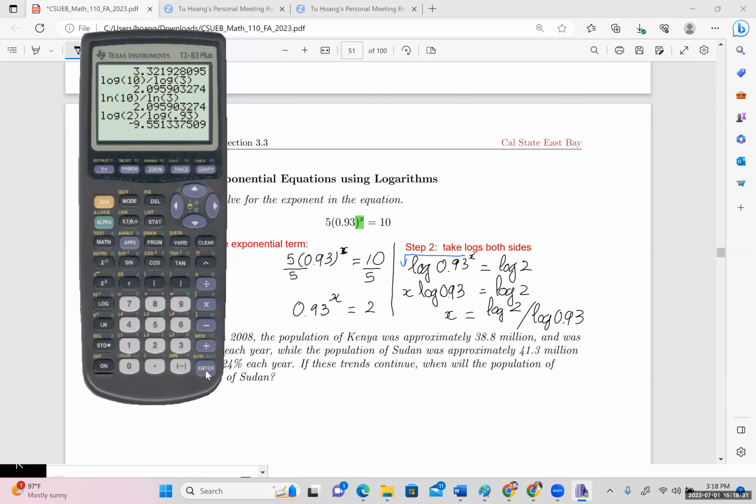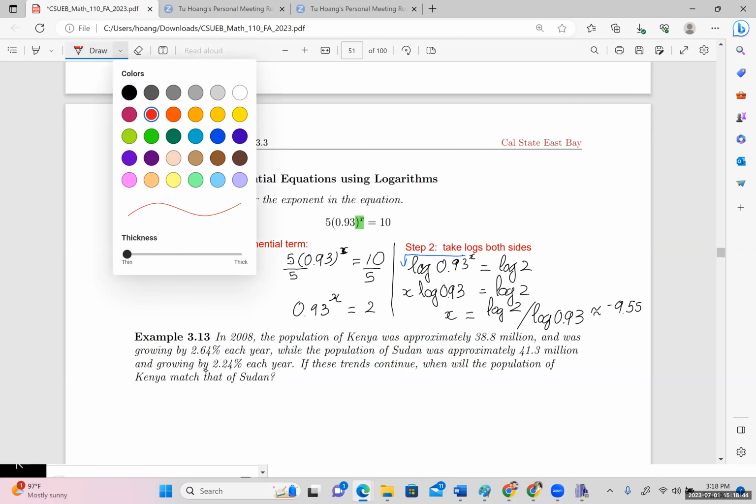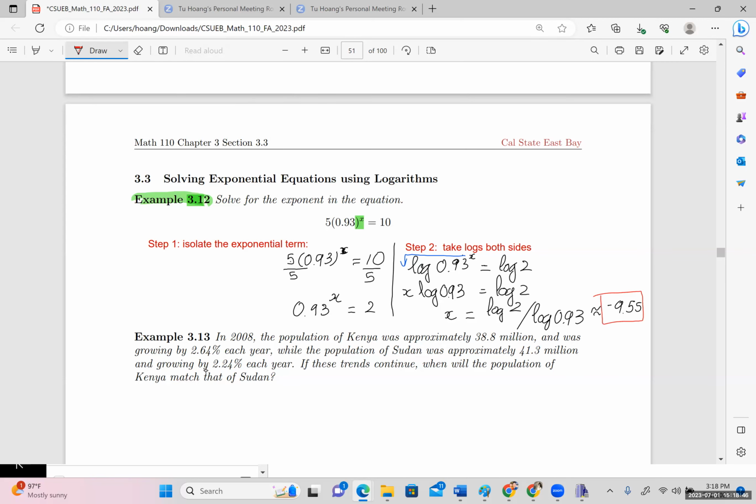You're going to get negative 9.55 as the answer.